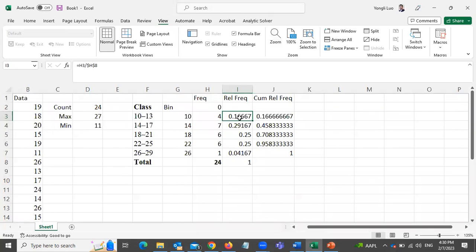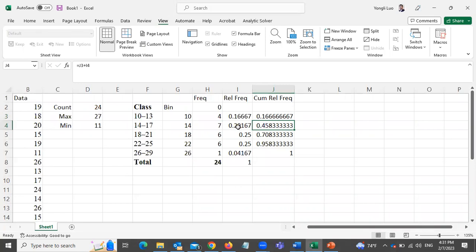Professor, for the cumulative relative frequency, you didn't put the $ sign because it comes automatically, right? Yes, for the cumulative relative frequency you don't need the $ sign. You put the formula on the second one: J3 plus I4, where J3 is the previous one.